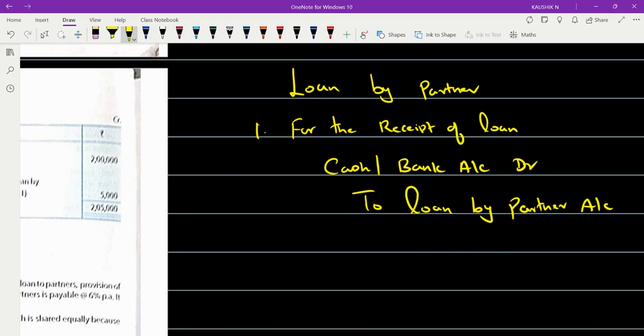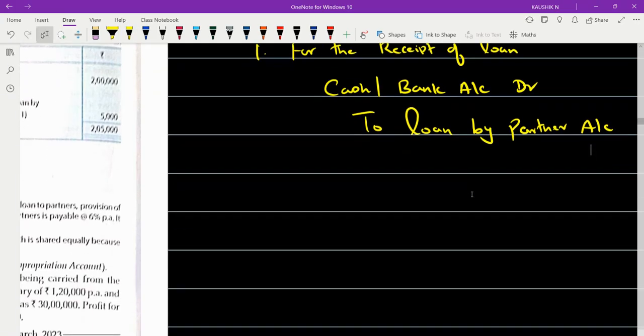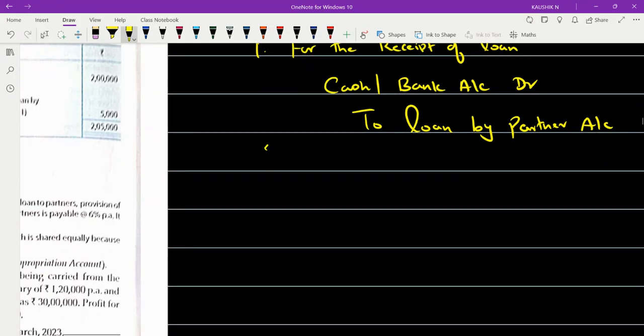The next is interest on the loan, that is, charging interest on the loan. What is the journal entry for allowing the interest on loan?